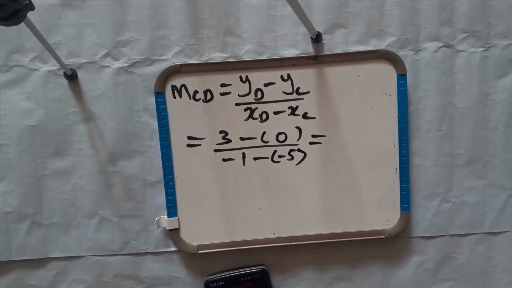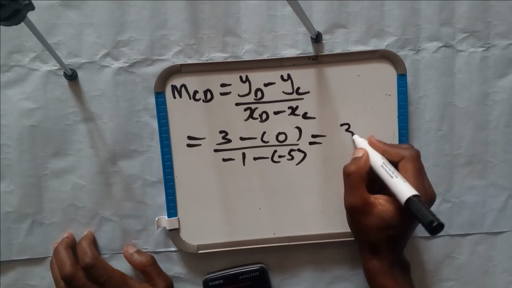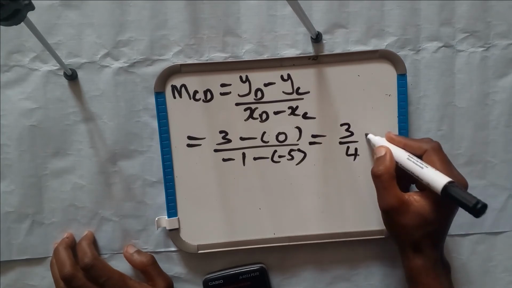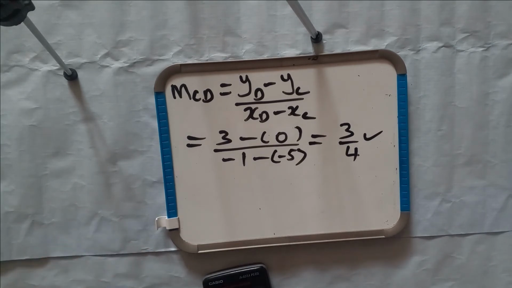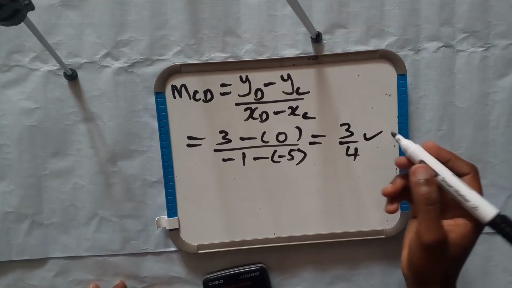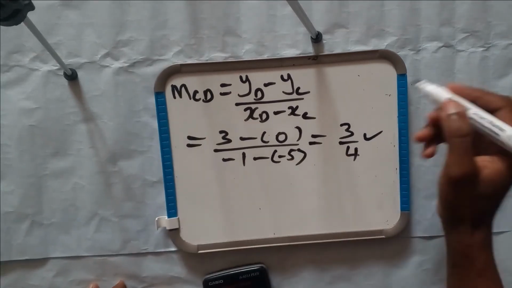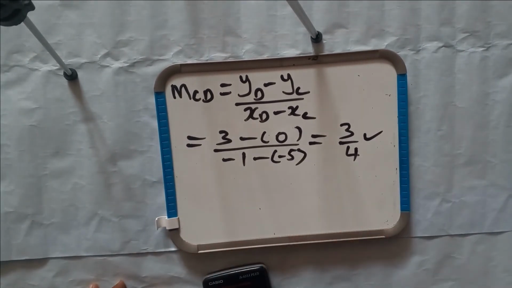Right. Now let us use our calculator. It's going to be 3 minus 0 on the numerator, then on the denominator it's going to be -1 minus -5. Right, that is equal to 3 over 4. Now we know that the gradient of AB is -4 over 3, while the gradient of CD is 3 over 4.